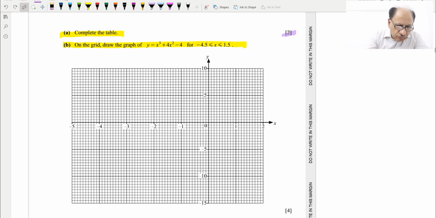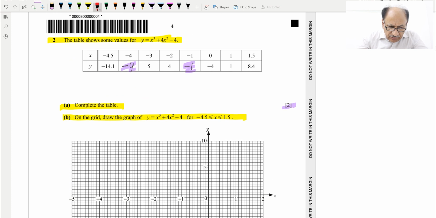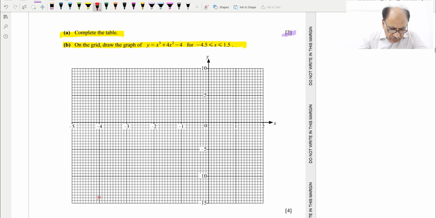So minus 14.1 can be over here, and for minus 4.5, counting 1 2 3 4 5, 14.1 we can mark over here.